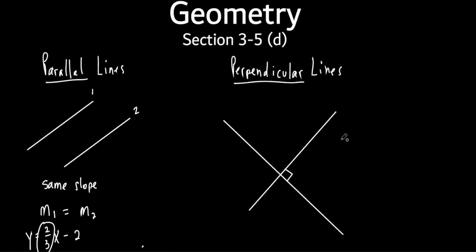I'm gonna write down two words, and hopefully you'll understand what it means. I'll explain it. The slopes are negative reciprocals. You're like, Mr. Hamrick, I have no idea what that means. But I'm going to show you.